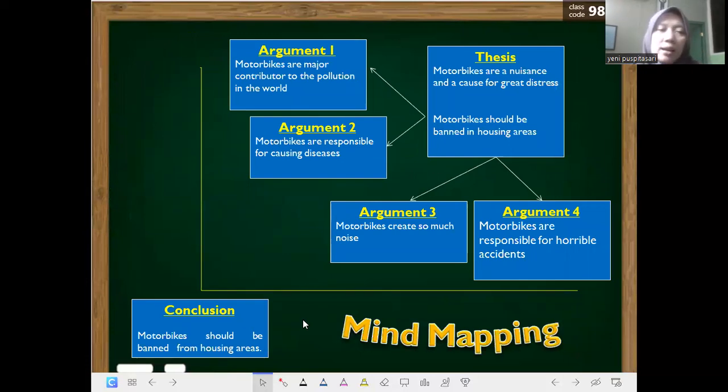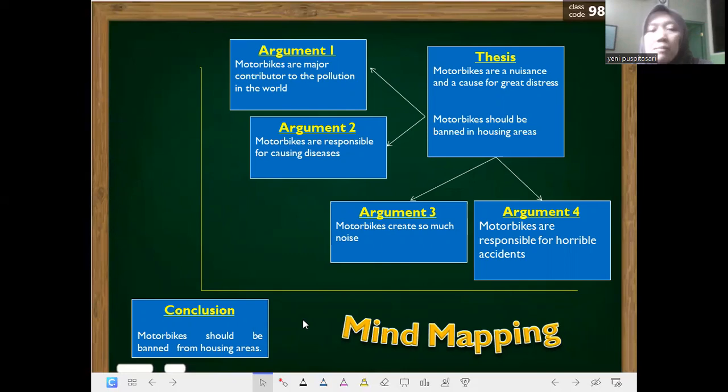Okay, and then how to make exposition text? Before we make exposition in paragraph, like thesis and then arguments, and the last one is conclusion or reiteration or maybe recommendation for hortatory exposition text. First, it would be better if you make mind mapping.